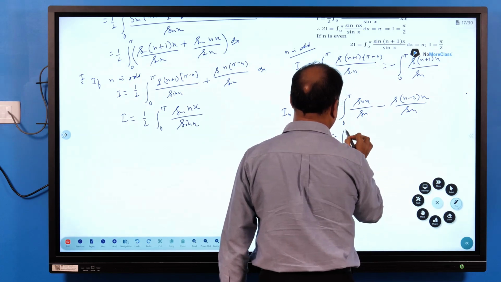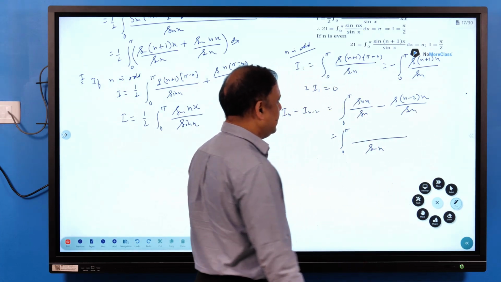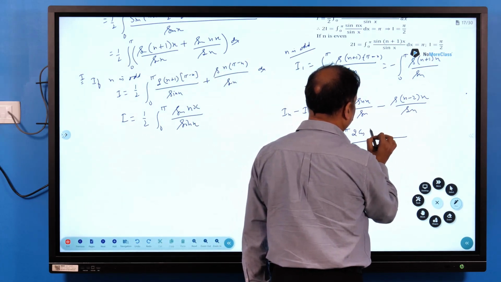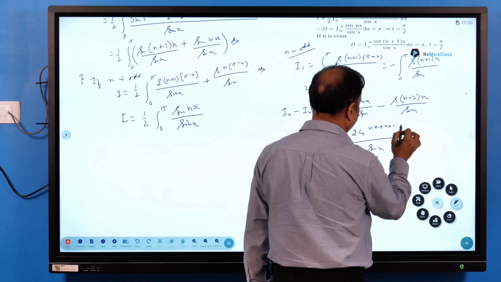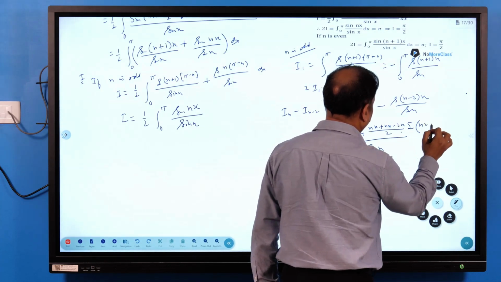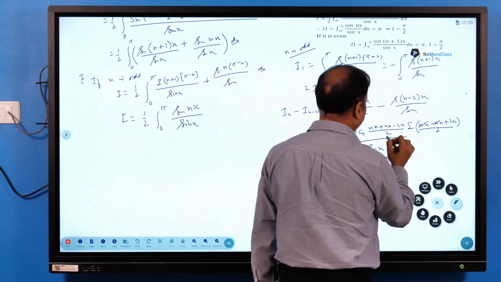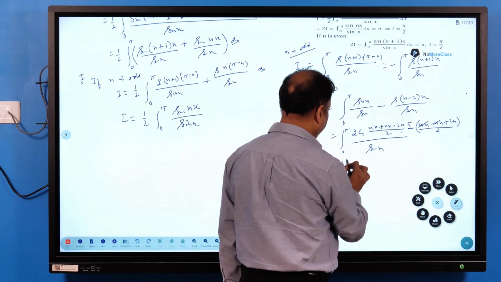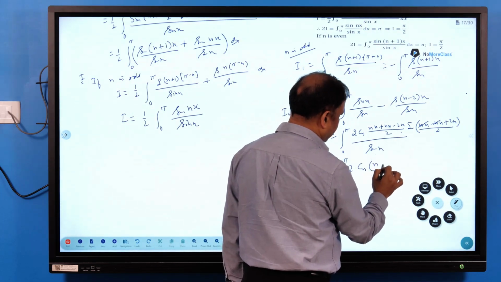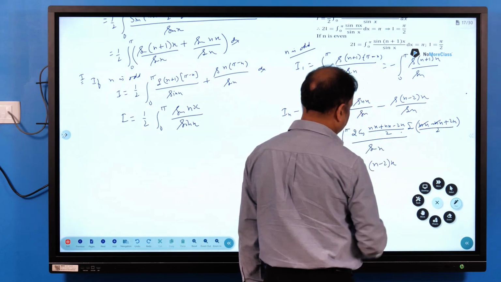So this will be integral 0 to pi, sine c minus sine d, which is 2 cos((c plus d)/2) into sine((c minus d)/2), upon sine x. So cos((nx plus nx minus 2x)/2) and sine((nx minus nx plus 2x)/2). So sine x will cancel, and this is integral 0 to pi of 2 cos((n minus 1)x).